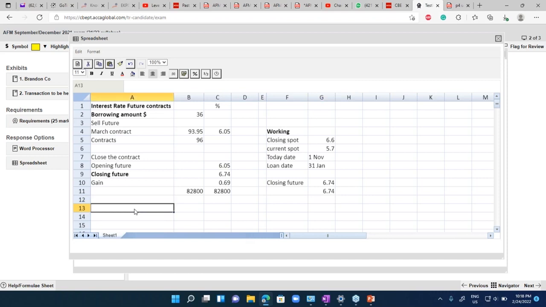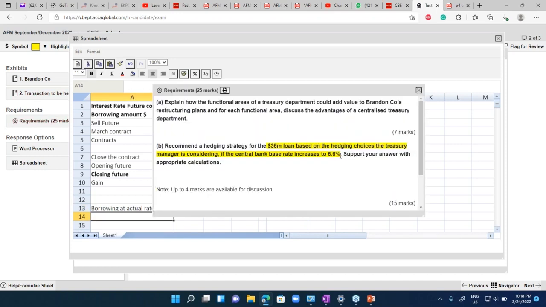Last step will be borrowing at actual rate. Yes, closing spot rate is given in the question, in the requirement, 6.6.